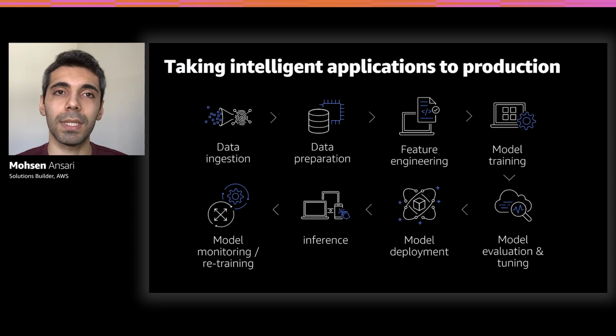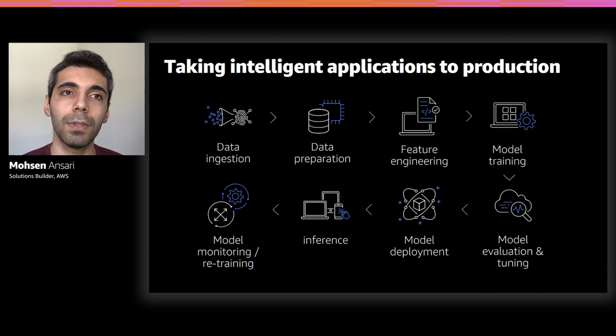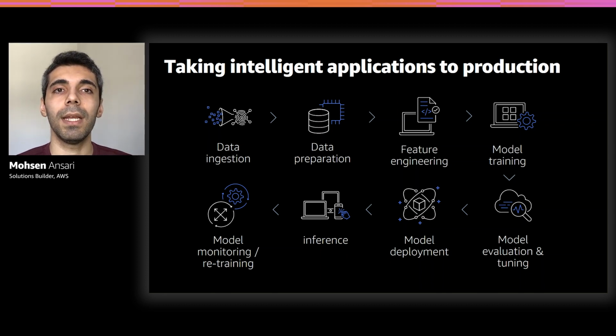Now, machine learning applications have a little bit more steps and more nuances and details to them. For example, in the beginning, you have the data ingestion and data pre-processing. And then after the data is ready to be used, your machine learning engineers need to build the features or the model inside of your machine learning application. And then once the model is ready and the data is ready, you need to train the model with the data that was provided.